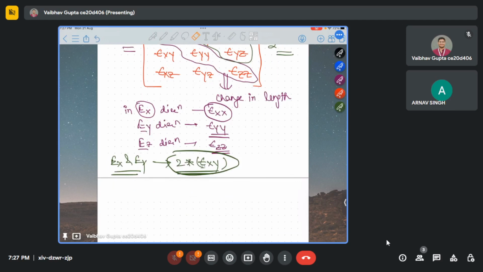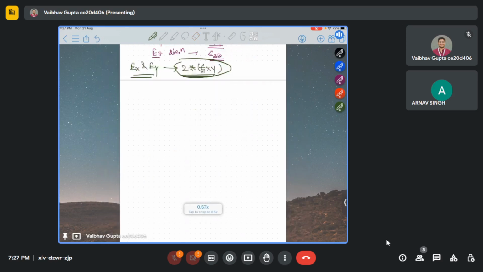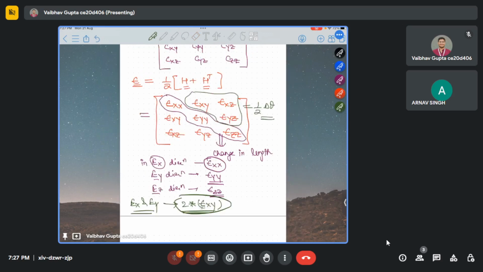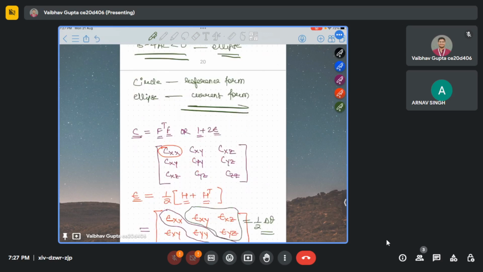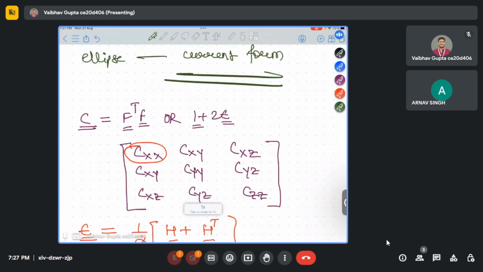So this is what I have covered in problem solving session 4, which covered all the topics in the week 4 lectures. I solved one numerical problem and gave hands-on experience on how to calculate the deformation gradient, displacement gradient, right Cauchy-Green deformation tensor, and linearized strain in both material and spatial form.